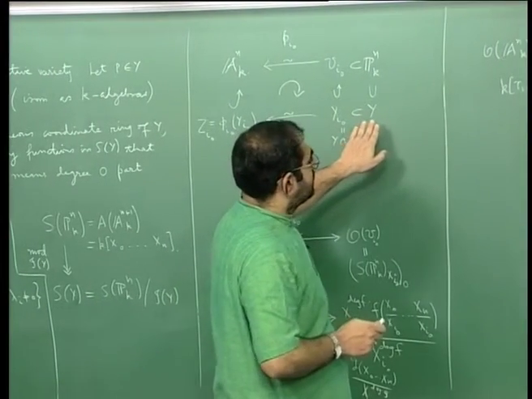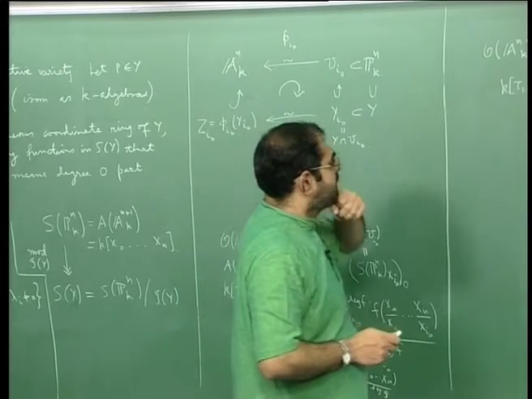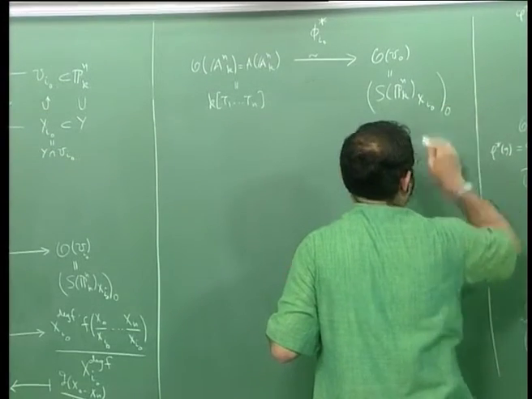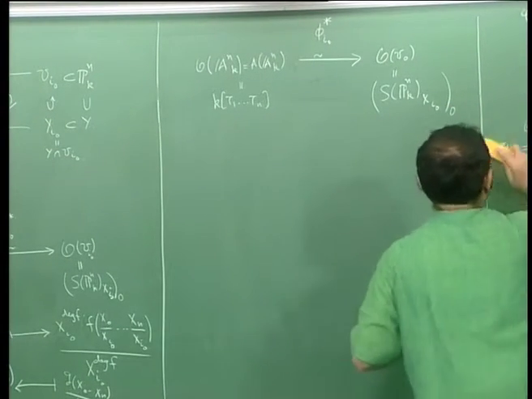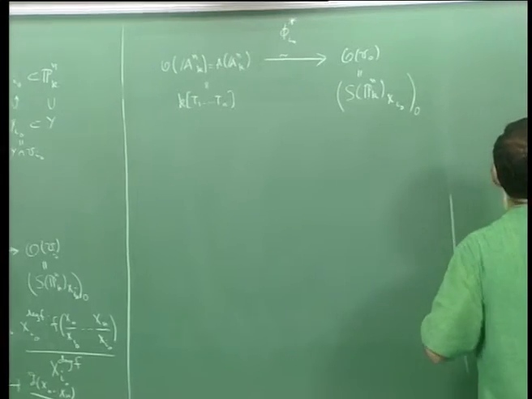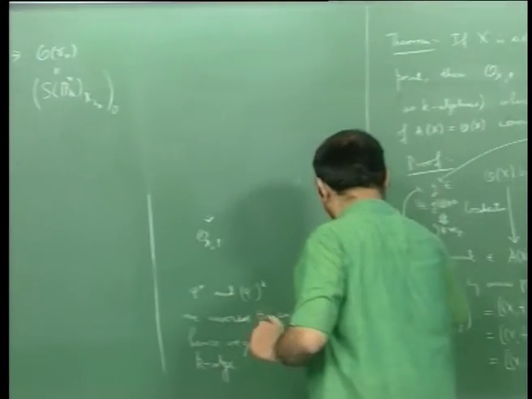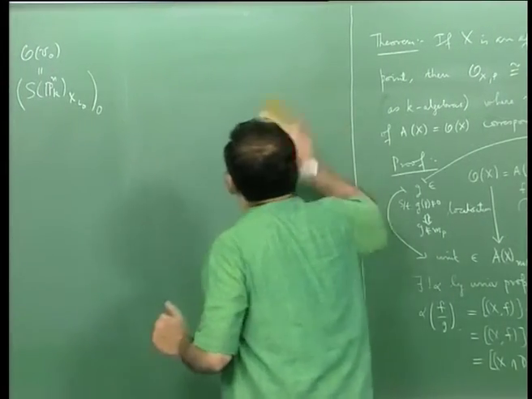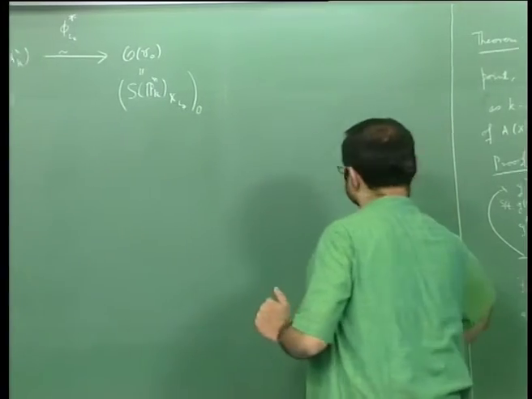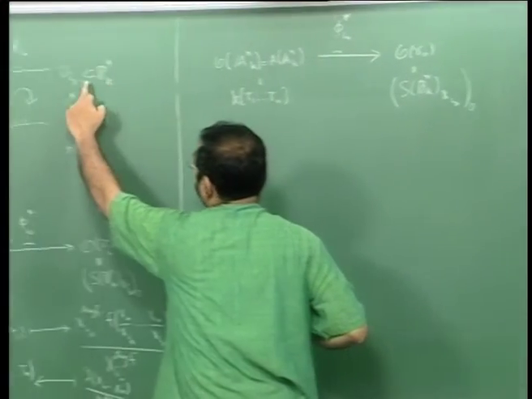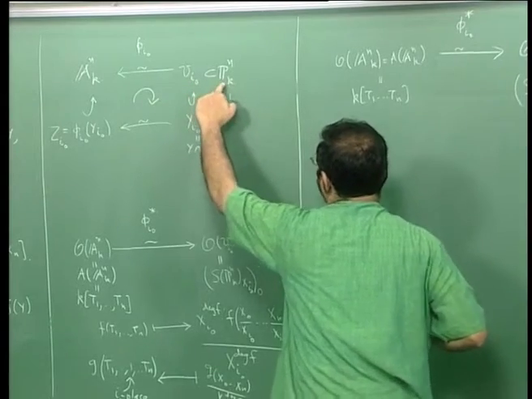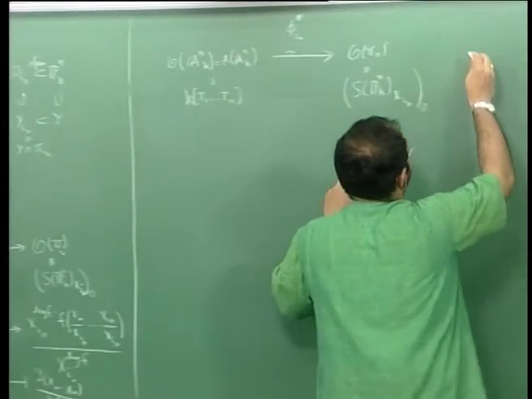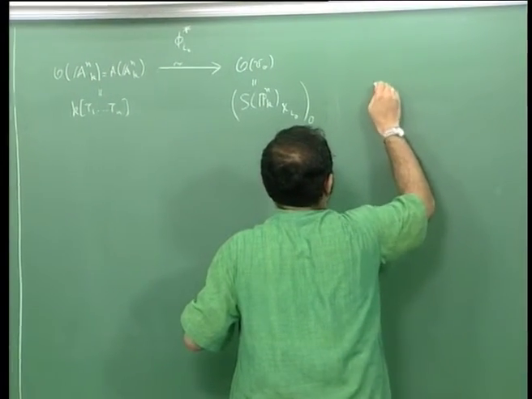well maybe I will try to use this part of the board as well. Let me rub this so that I can extend this diagram to the right. So you know this Pn here, so there is U_i0 sitting as an open subset of Pn, and that corresponds to this localization of S of Pn.